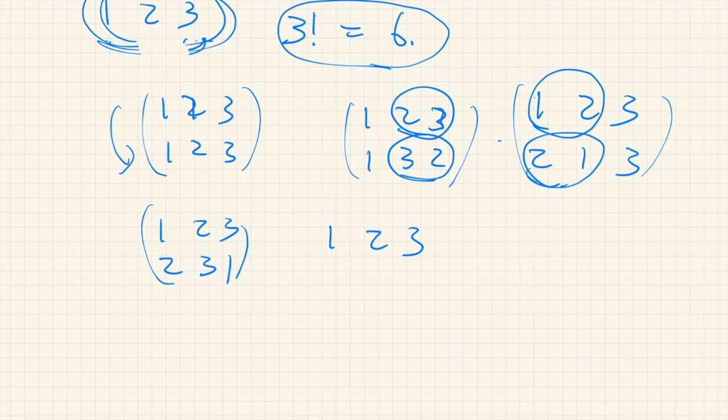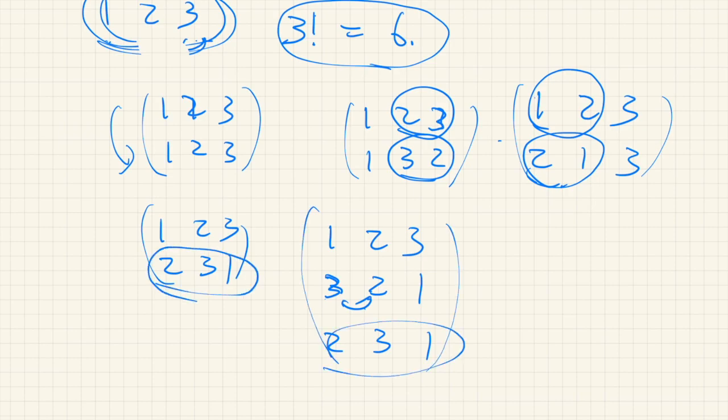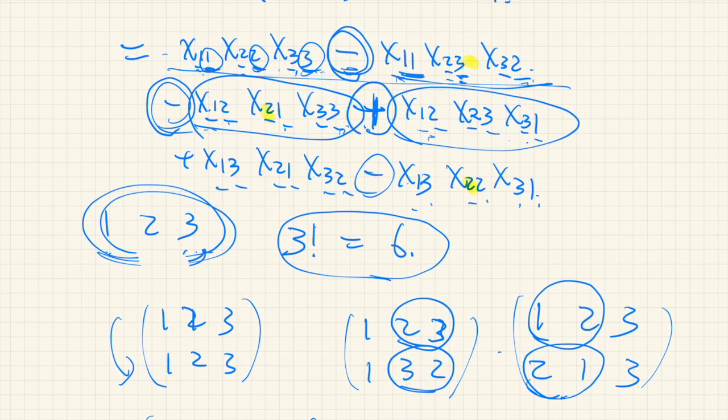Let's swap 3 and 1 first. And next swap 3 and 2 here. Then we get 2, 3, 1. So that is this one, right? So we swapped twice. That is an even number, and we have this positive sign.